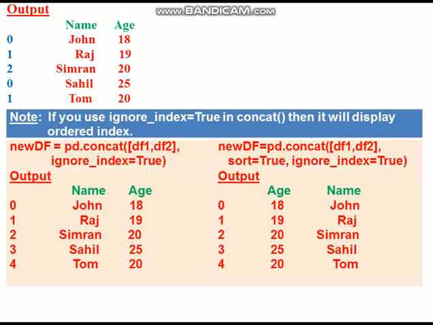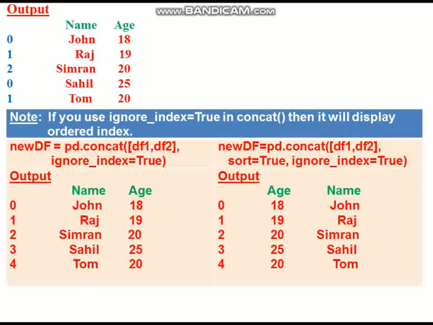But if you want the columns arranged in alphabetical order, then you need to use one more parameter in concat. Like the second example, new_df as variable equals pd.concat within a list df1, df2, sort equal to True, ignore_index equal to True.